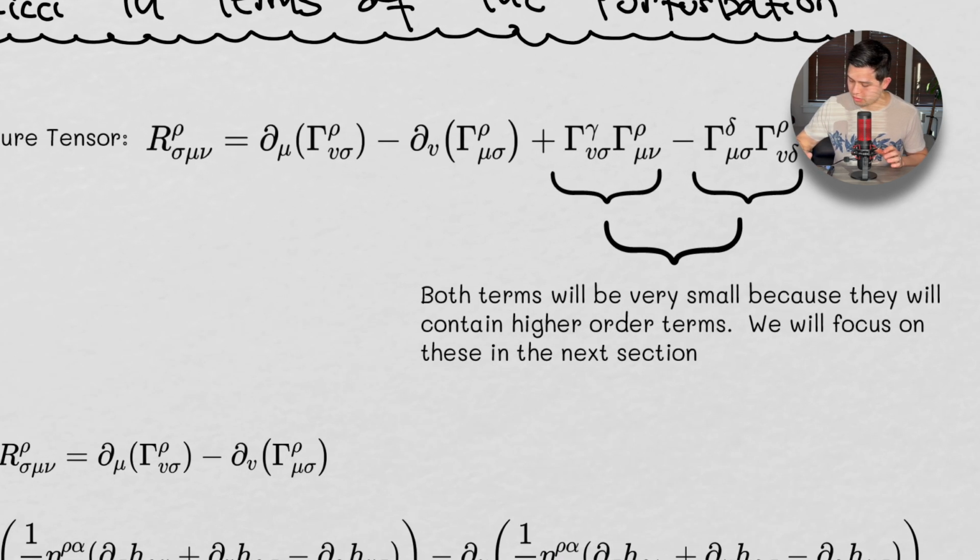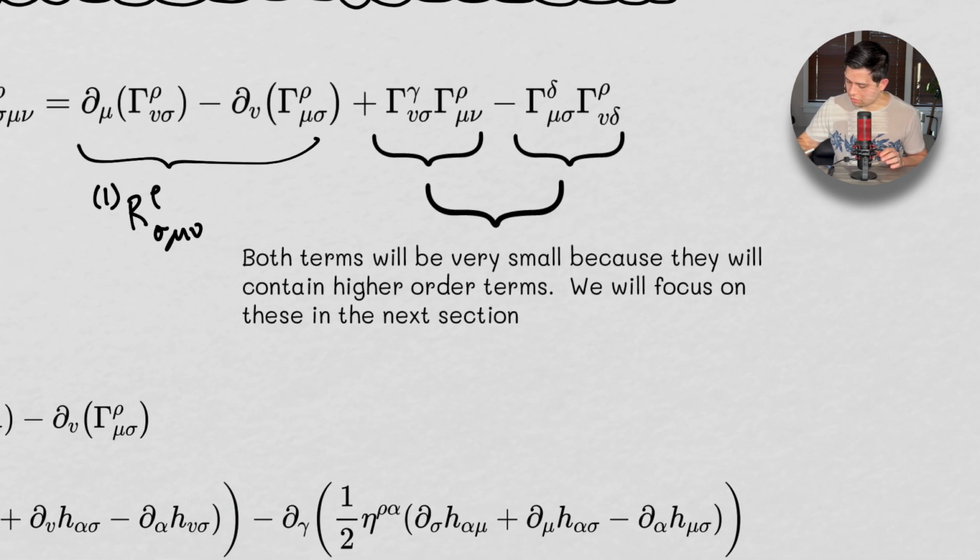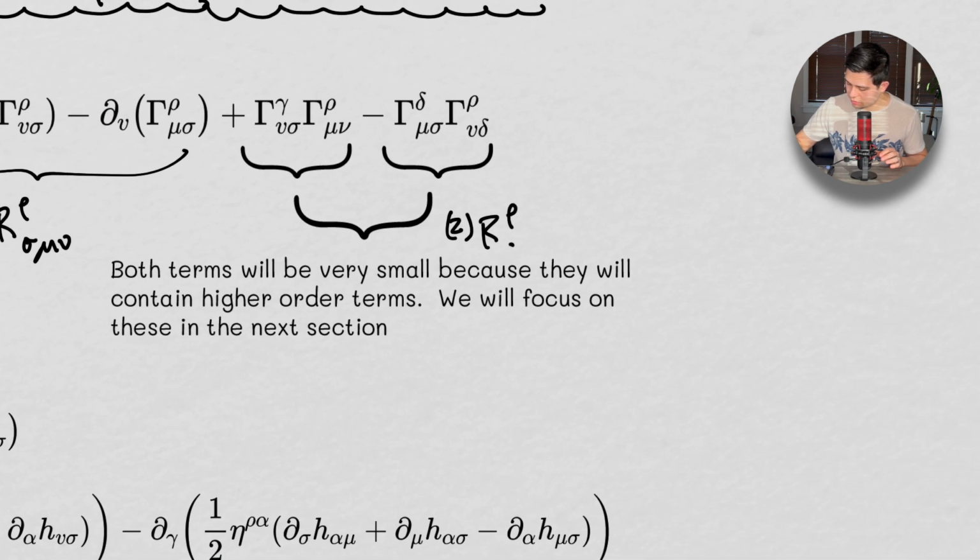So this is R. We'll call this 1 R rho sigma mu nu, and then this one over here we'll call 2 R rho sigma mu nu.